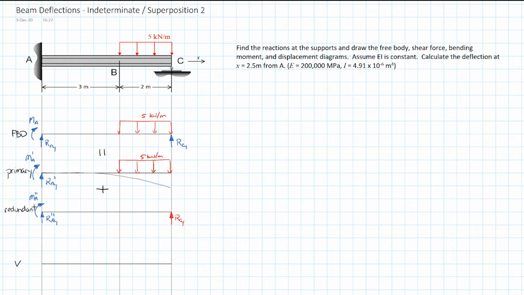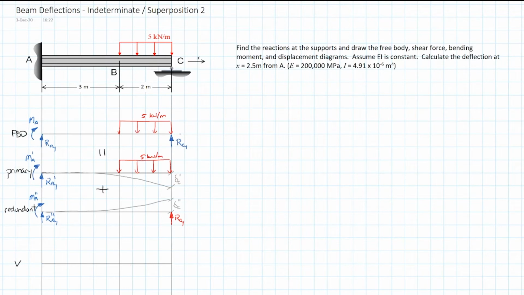It's still a cantilever, so it's going to come out with a 0 slope at A, and in this case, it's going to bend up slowly at the end. And I'd like to mark my deflections because that's where we're going to get our compatibility equation. I'm going to mark the displacement at C prime, and the deflection down here is the displacement at C double prime.